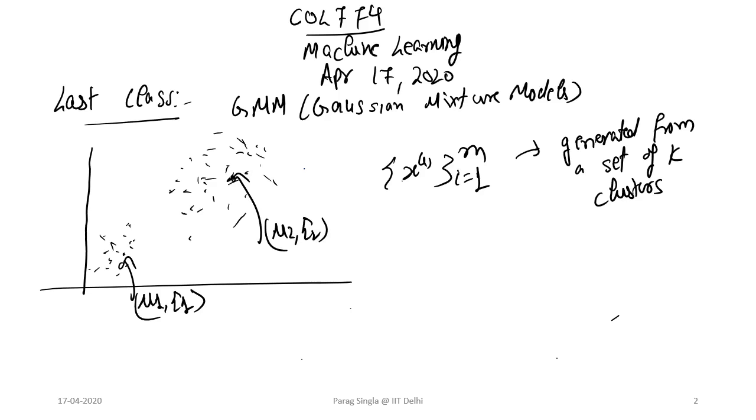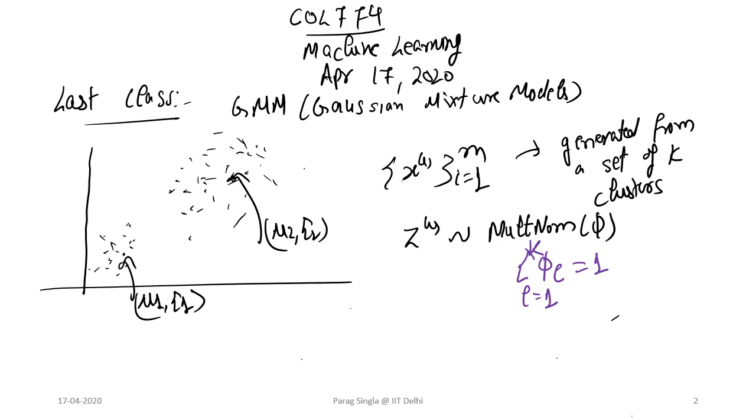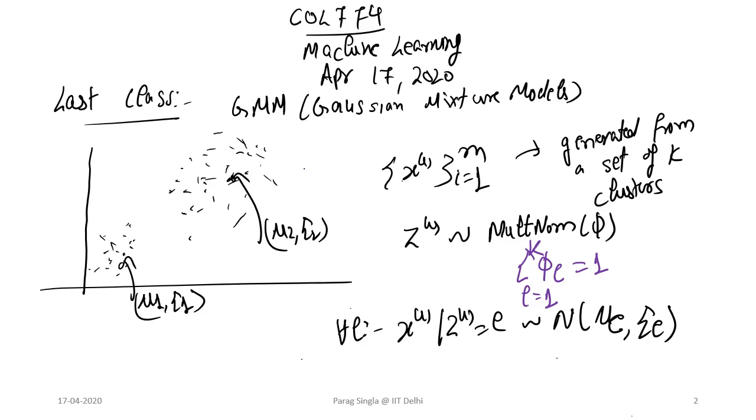And we assumed that there is a generative model where we generate zi using the multinomial distribution based on some phi parameters, where the sum of phi l for l equal to 1 to k is equal to 1, and we also have xi given zi equal to l comes from a normal distribution with parameters mu l and sigma l, right? This is for all l, right?